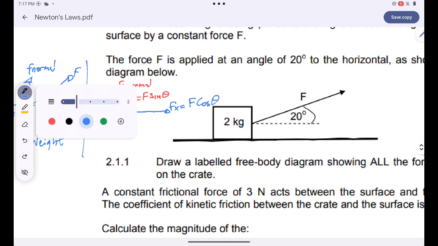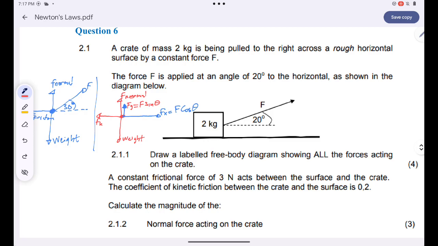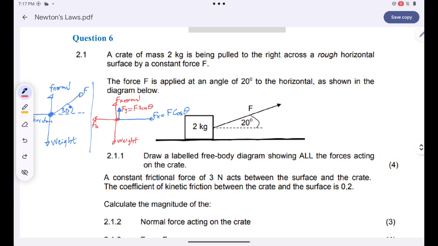Are you together? And obviously you still have your gravitational force, which is your weight, and also your frictional force, your kinetic friction. I prefer using this one, but you can still draw the other one. You'll still get your full marks.